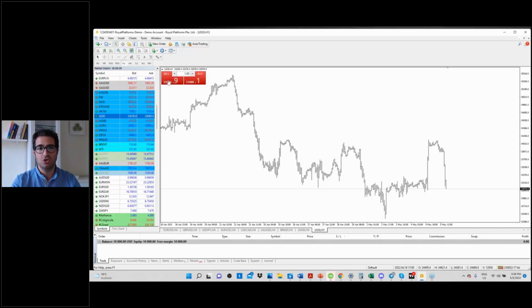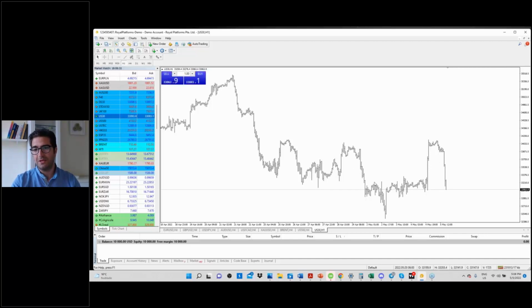We say you short sell by using this button here. Some platforms use bid and ask instead of sell and buy. The difference between sell and buy, we call the spread. And this spread will be the fee taken by your broker when you open a position.